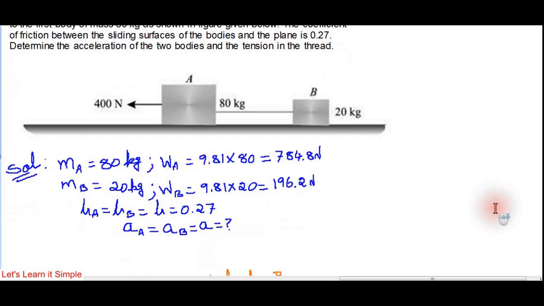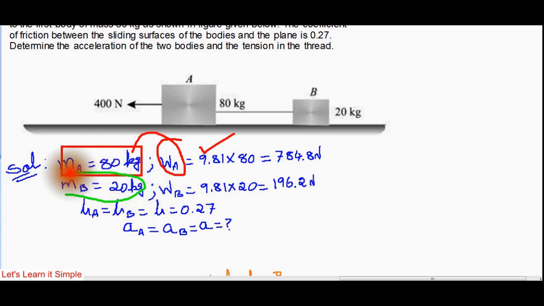You can see the mass of block A is 80 kg. Convert that into weight by multiplying with 9.81. Mass of block B is 20 kg. Convert that into weight of B by multiplying that with 9.81. In that way, weight of A is 784.8 Newton and that for B is 196.2.